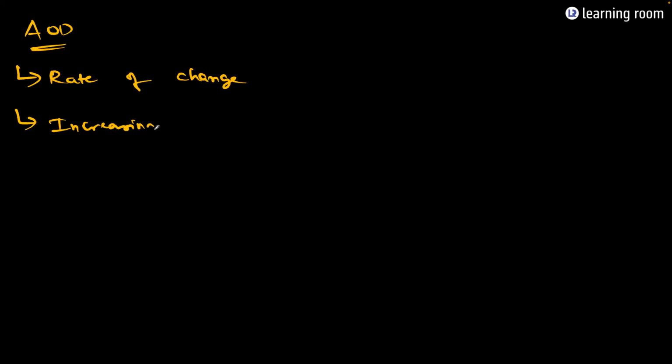Okay. So we'll get started with the applications of derivatives. Can you tell me what are all the concepts we are going to learn in this chapter? One is rate of change. Second, we'll be concentrating on increasing and decreasing functions.